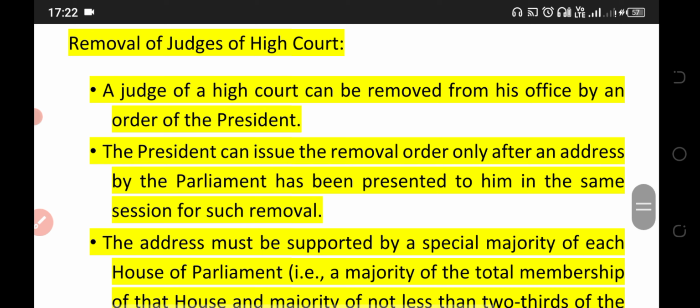Removal of judges of high courts. A judge of a high court can be removed from his office by an order of the President. The President can issue the removal order only after an address by the Parliament has been presented to him in the same session for such removal.